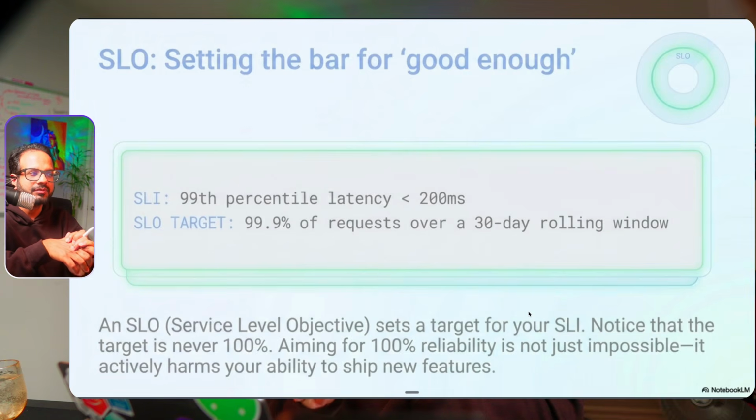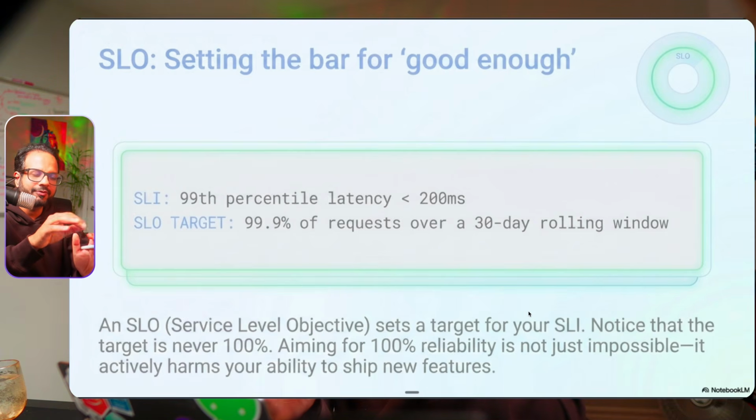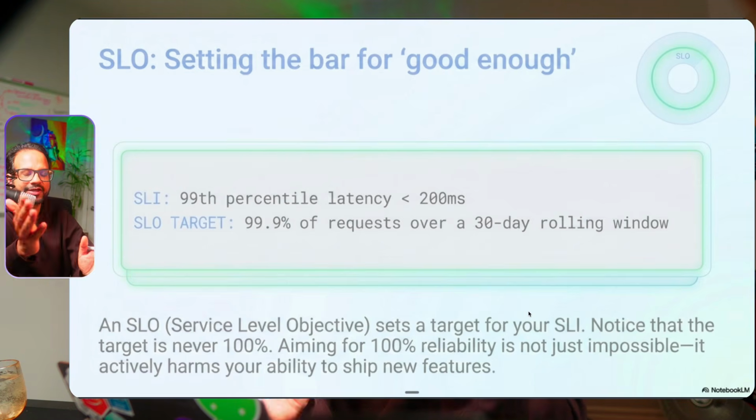Okay. Now, the target is never 100% because you cannot achieve 100% reliability. It is just impossible. And it will set a false narrative with the customer. It sets a false expectation with the customers, right? So you might have seen AWS, right? If you're familiar with AWS or any of the cloud services, such as S3.